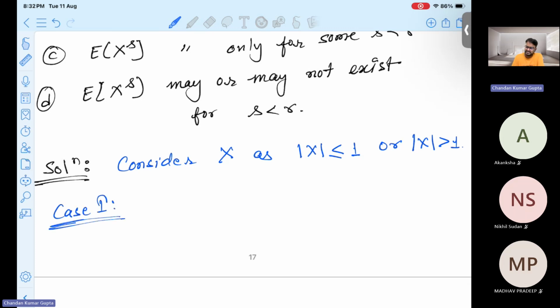For the less than case, suppose the modulus value of X is less than or equal to 1.